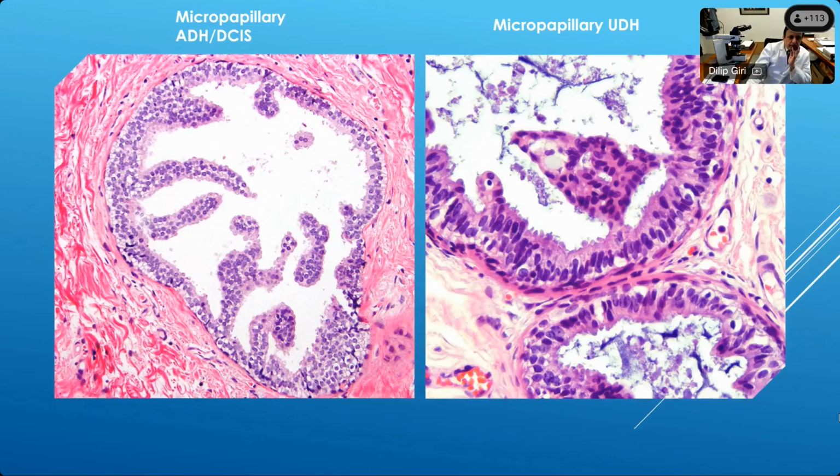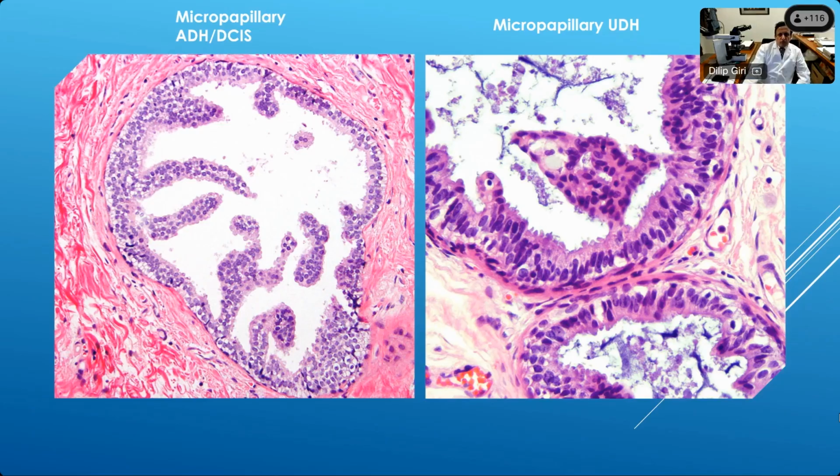And typically in ADH, again, the hallmark, of course, for both DCIS and ADH is the uniformity of the cells. And these projections in ADH or DCIS tend to be elongated and smooth like this, unlike in UDH, where again you can sometimes get a micropapillary type of pattern, but these tend to be different from what we see here.